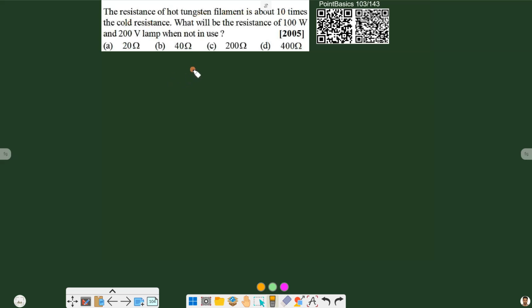So suppose resistance of hot filament is RH and resistance of cold filament is RC. So as per statement, RH is equal to 10 times of RC. Hot resistance is 10 times of the cold resistance.